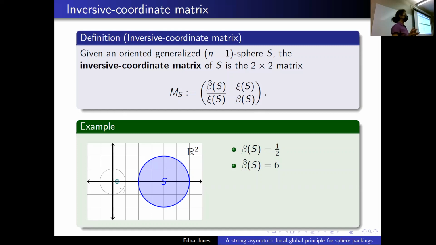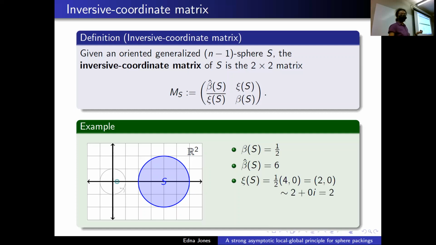Therefore its diameter is a third, so the radius of the little circle is a sixth, which means the bend of the little circle is 6. This means that the cobend of S is 6.